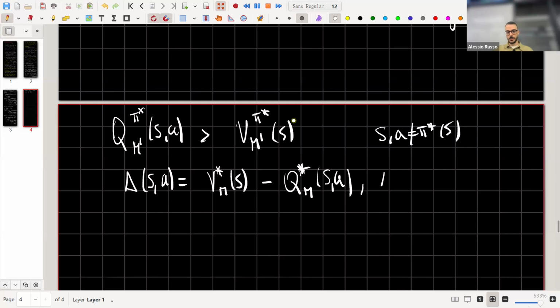And we also have the minimum gap, defined as the minimum over states and actions different from pi star of S of delta SA.